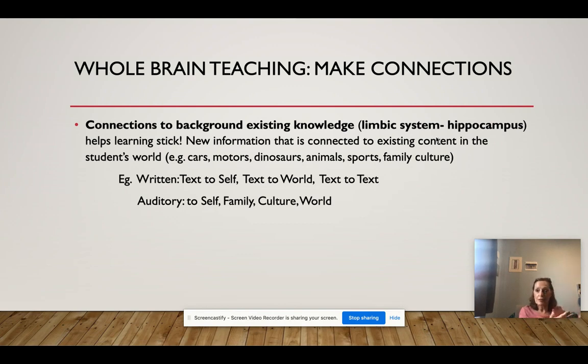So if there's an interest a student has, like, for example, I put down cars, motors. When I would teach about energy in our body and how we can go slow like a car that's going uphill and running out of gas, kids can relate to that, right? Or we can drive just right, go the speed limit on the freeway, and then my energy's good and I'm in the calm zone, my green zone.